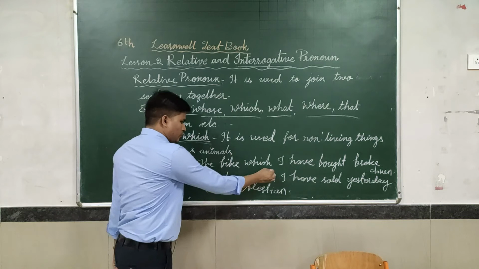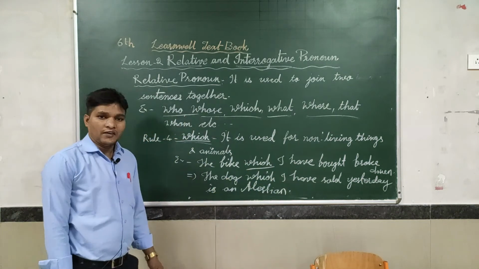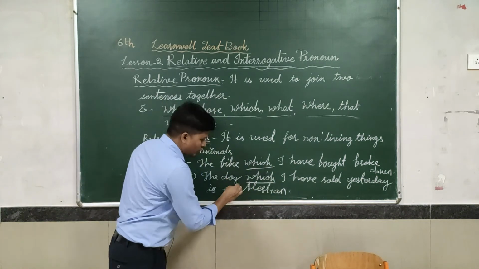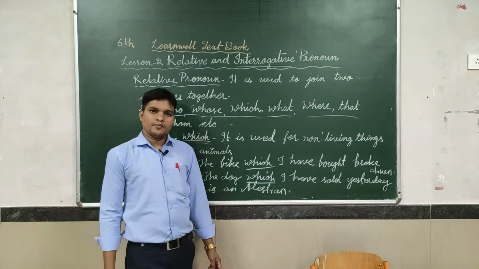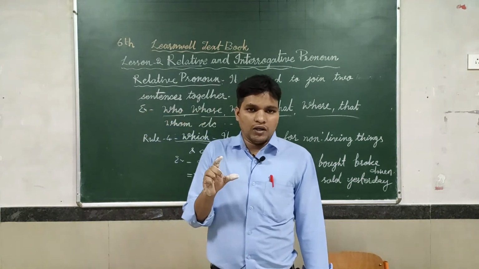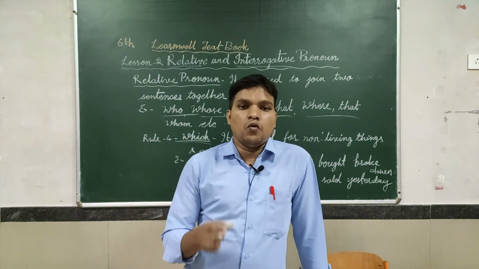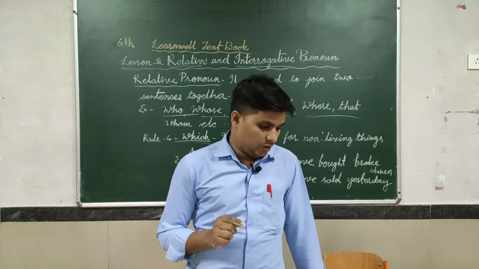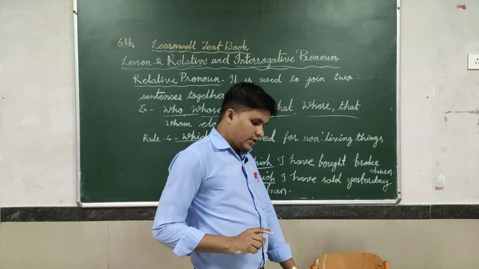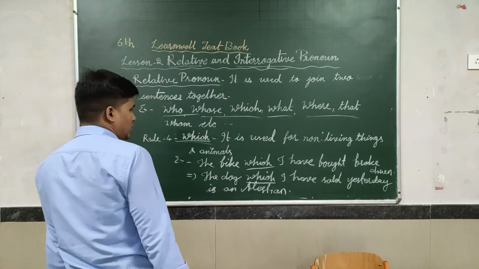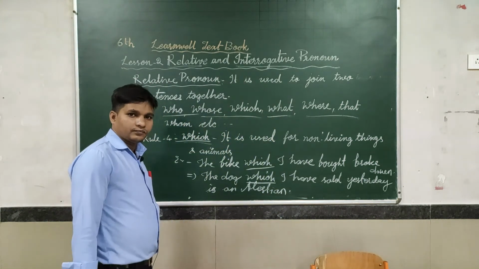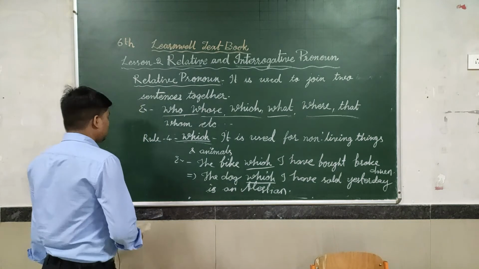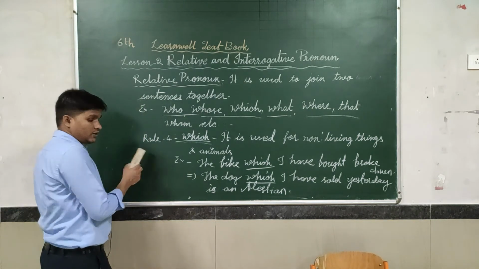So here "which" is used for non-living things, and here "which" is used for animals. So the word "which" we can use only for non-living things as well as animals. Got it? Next, just write it down. Good. Take the screenshot.